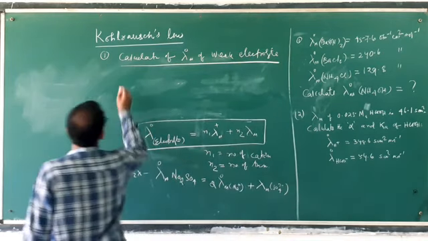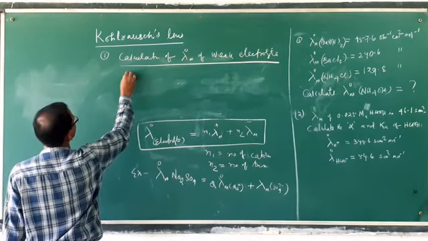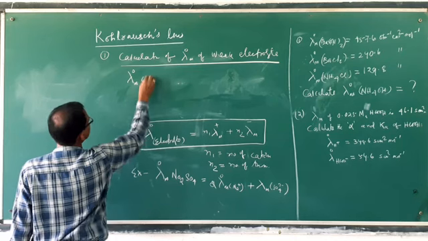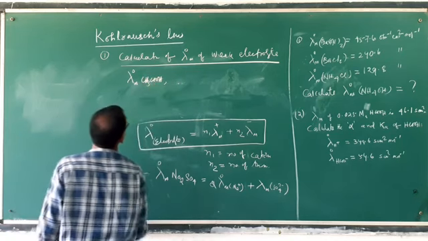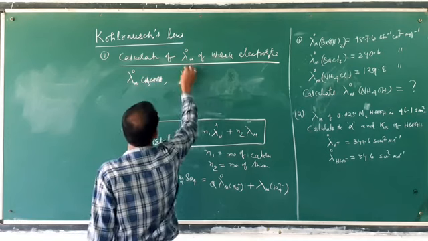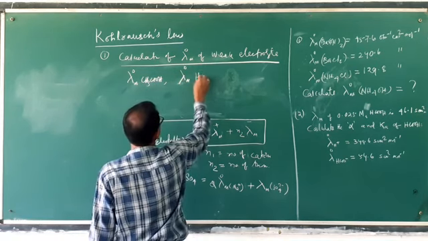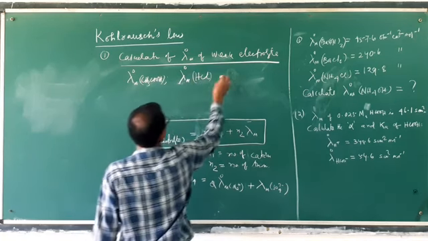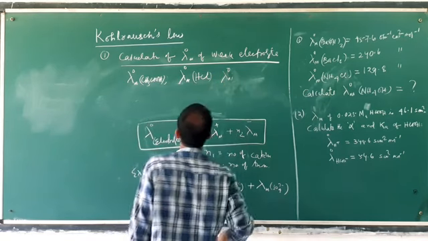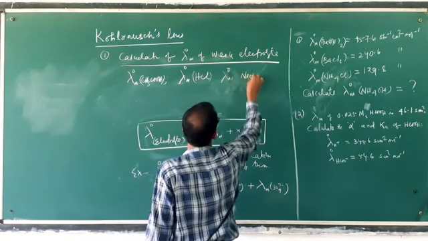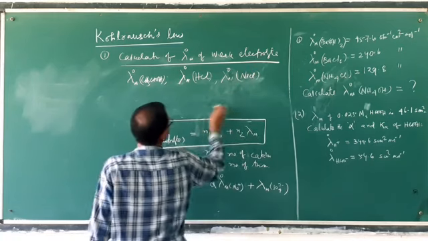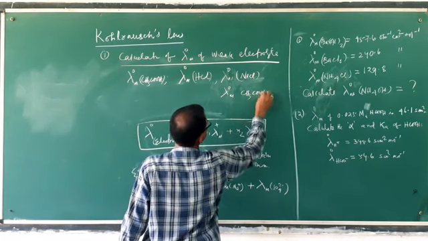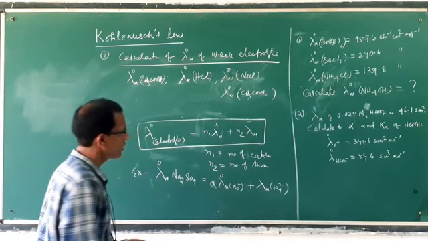For example, you take electrolytes: lambda m naught of acetic acid, lambda m naught of HCl, lambda m naught of NaCl, lambda m naught of sodium acetate. What are these?